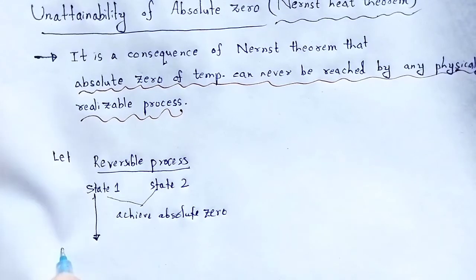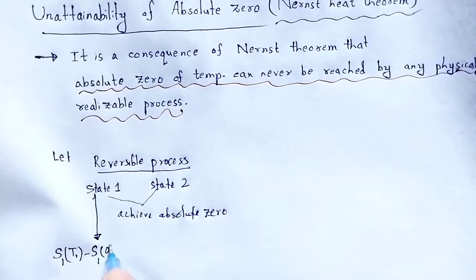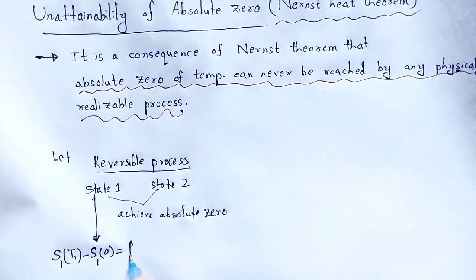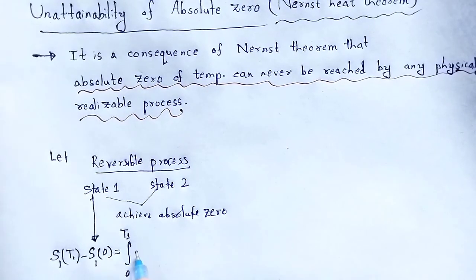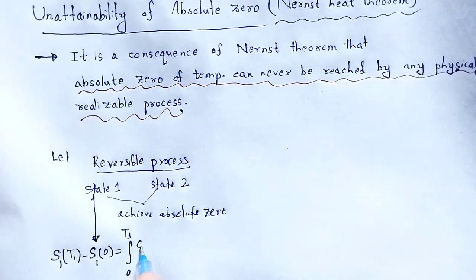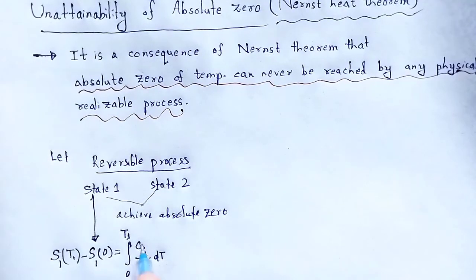the change in entropy, that is S1 at temperature T1 minus S1 at temperature 0, equal to the integration from 0 to T1 of Cp1 by T dT. Here Cp1 is the specific heat at constant pressure of state 1.